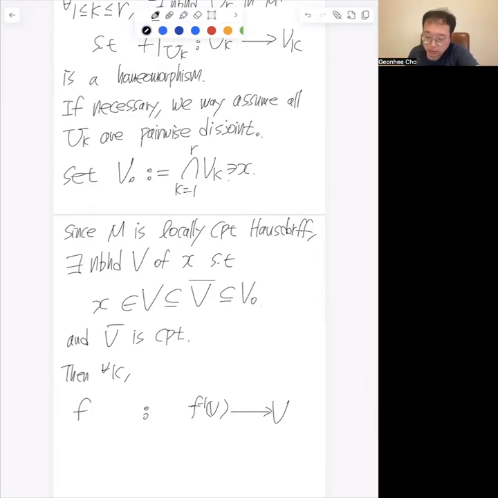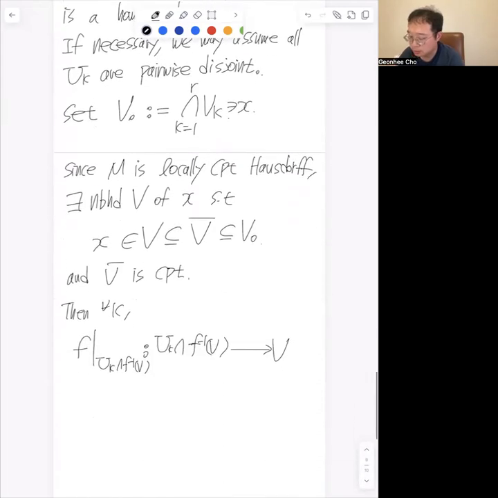We should consider each index from 1 to r, so that's why we take this intersection. Let's restrict to each of these open sets. Because f is continuous, f inverse of V is open, and each U sub k is also open. So still we can say this is a homeomorphism.